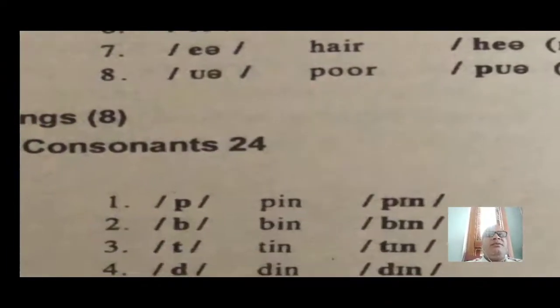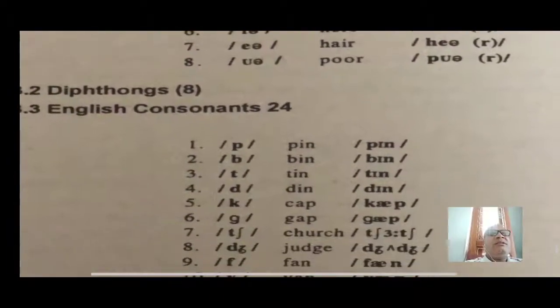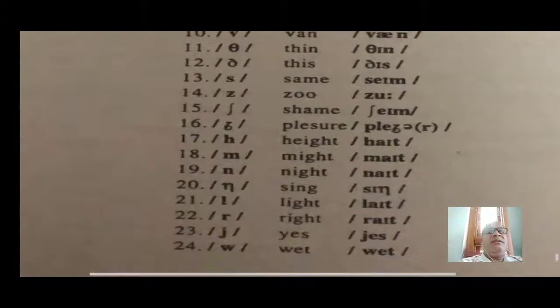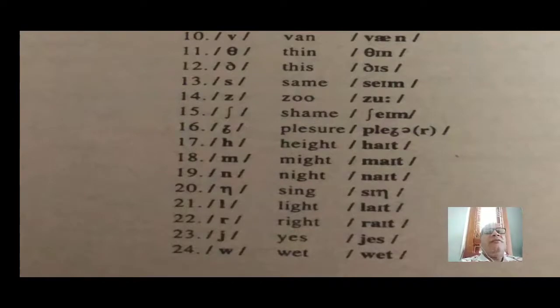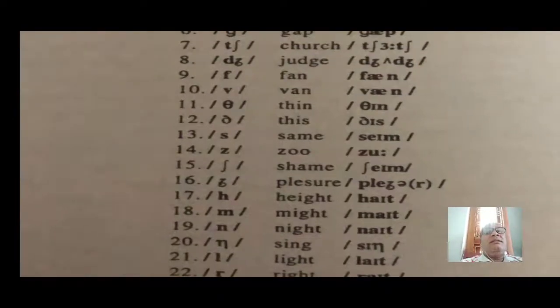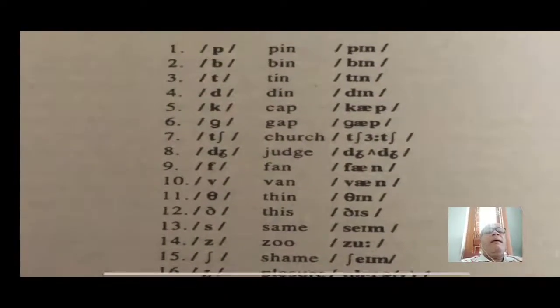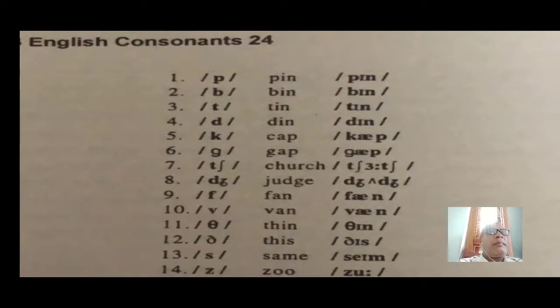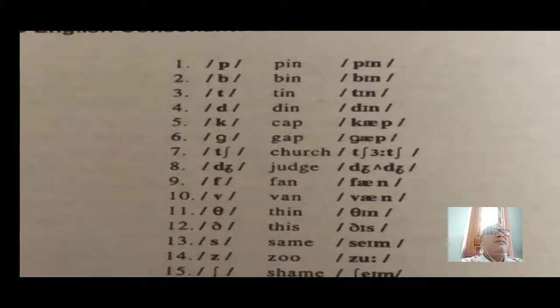And coming to the other sounds, the consonant sounds, here we have almost 24 consonant sounds you can find in this slide. We can learn these in detail as consonants such as plosives, fricatives, affricates, nasals, in so many ways.